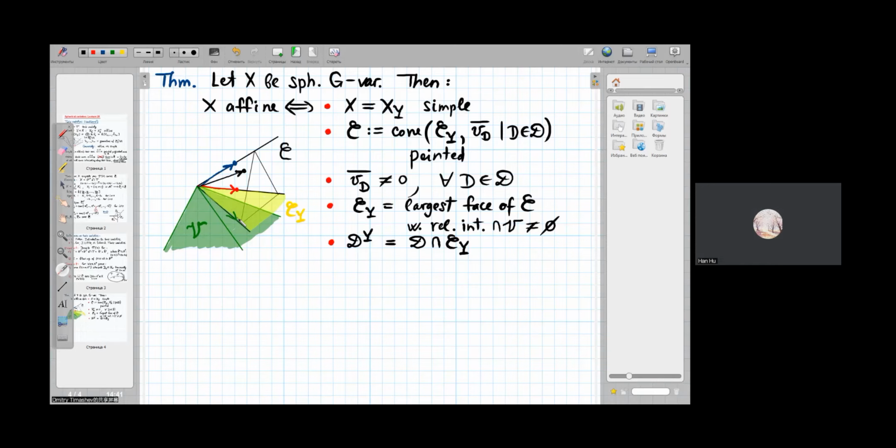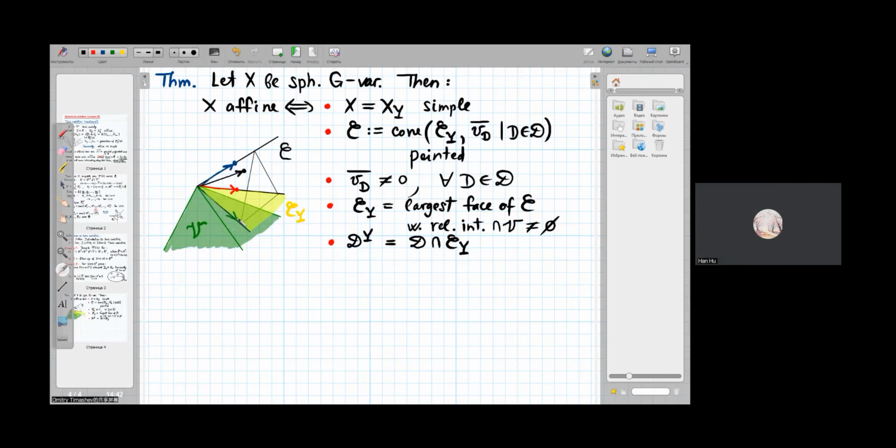A dense orbit is always open. This is a general property of orbits of algebraic group actions. Any orbit for an algebraic group action is open in its closure. I think so. For instance, in Lie theory, when you consider actions of Lie groups, you may have something like dense winding of a torus or whatever, if you know these things.